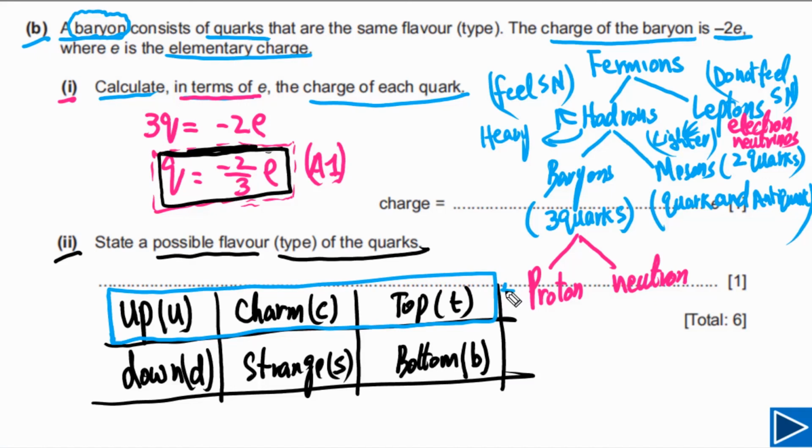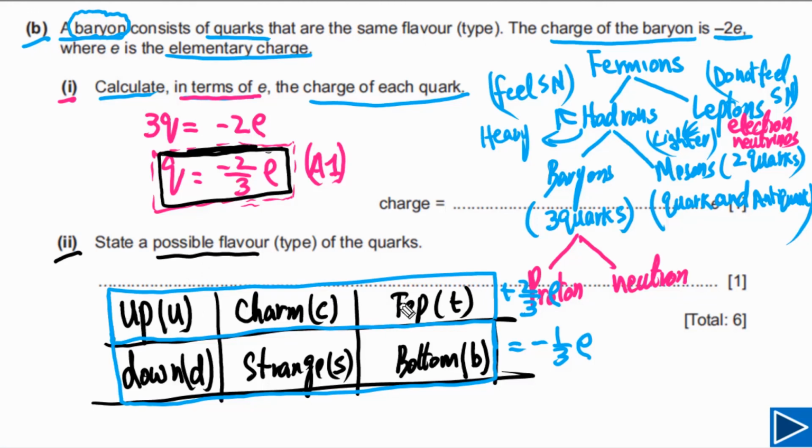So all of them have charge plus 2/3 e. They have the same charge. Now if you look at this bottom row, all the quarks in this bottom row also have the same charge, and the charge is equal to negative 1/3 e. Means the charge on the down quark, strange quark, and bottom quark is equal to negative 1/3 e.